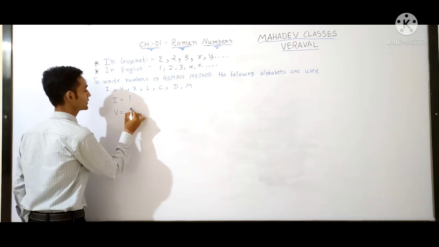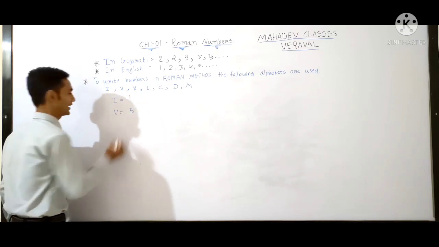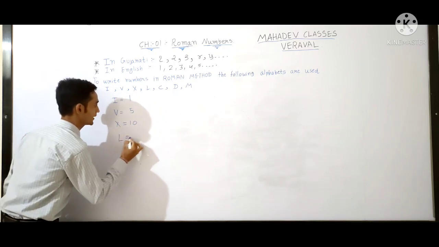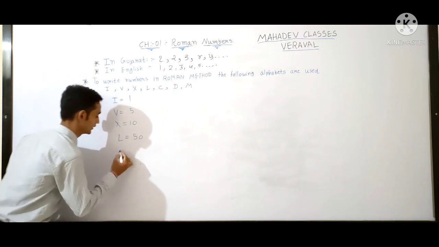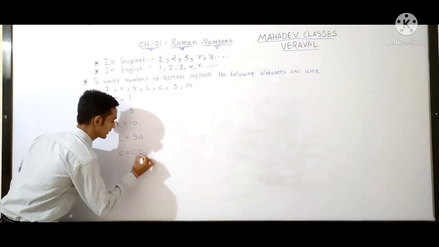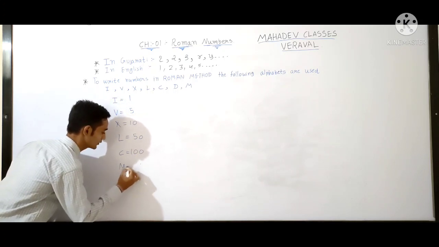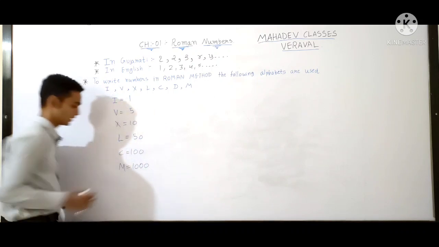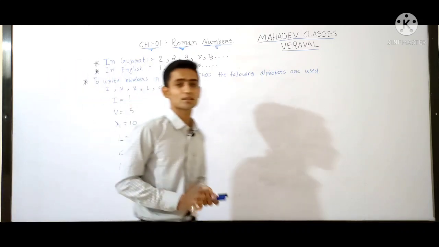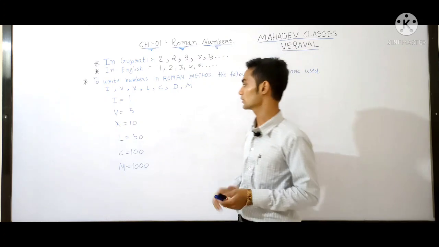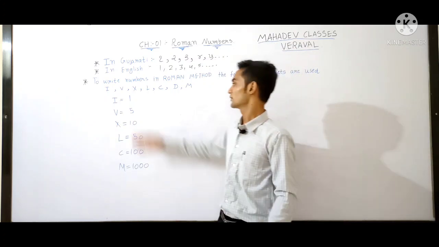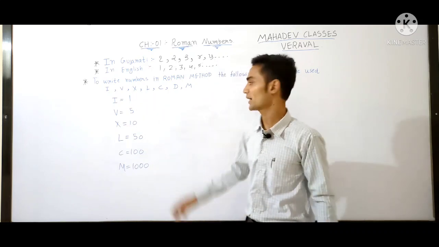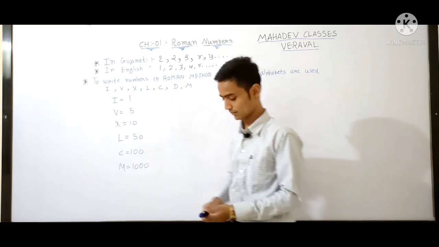V means 5. X means 10. L means 50. C means 100. And the last one, M, is equal to 1000. Before we start to write Roman numbers, you have to understand the value of these alphabets.